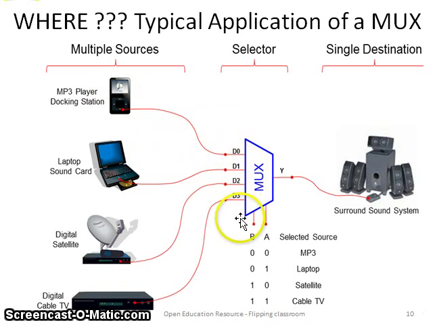All these are connected as the inputs to the mux, and the output is connected to the sound system. The data coming from any one of these sources will be available at the sound system depending on what is present on the pins A and B. These are the select lines which select one among these four sources.